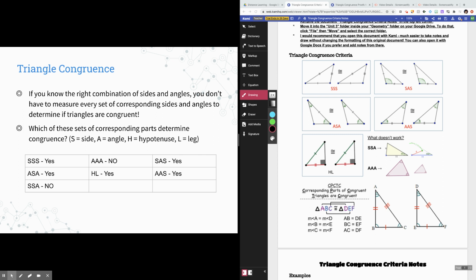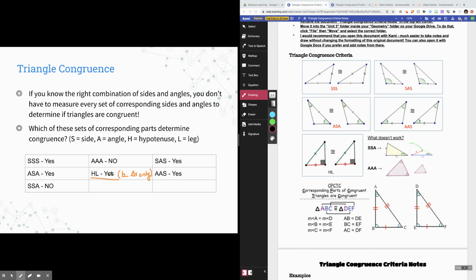Okay, so like I said, there's 5 triangle congruence criteria. There's really 4 main ones that we deal with because hypotenuse leg, which is this one, HL, only works in right triangles, right? So right triangles only.